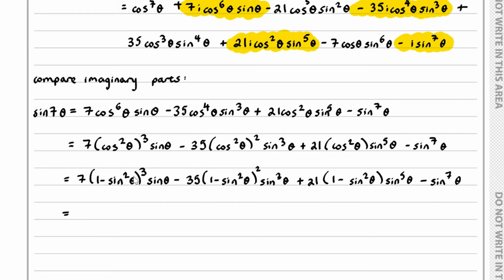Here, for 1 minus sine squared all to the 3, we can use the binomial expansion. So we've got 7 lots of 1 minus 3 sine squared θ plus 3 sine θ to the 4 minus sine θ to the 6, and then we multiply this by sine θ.